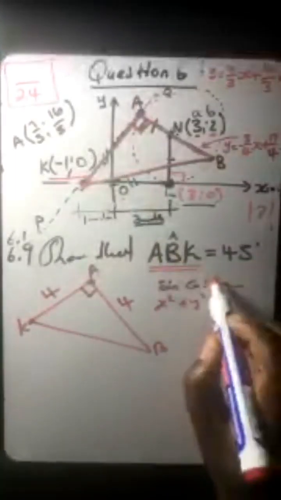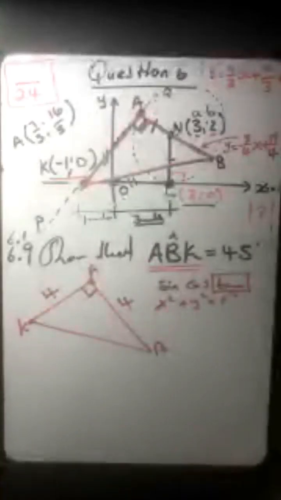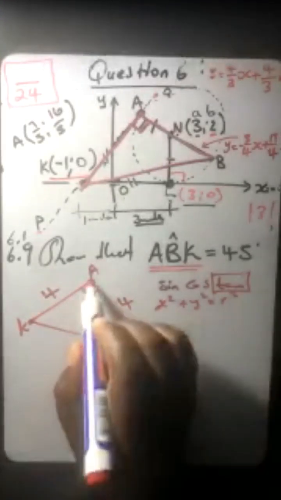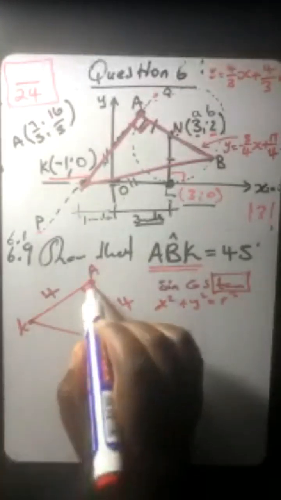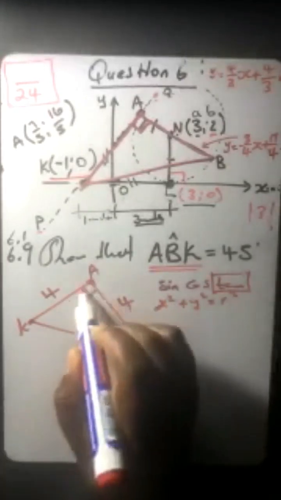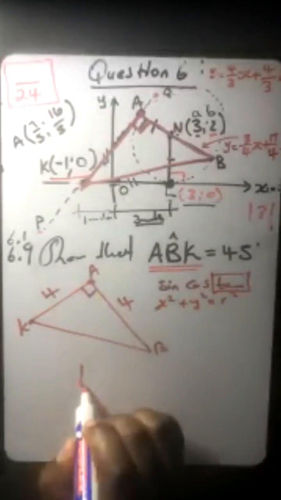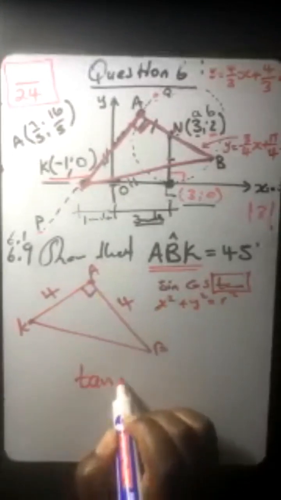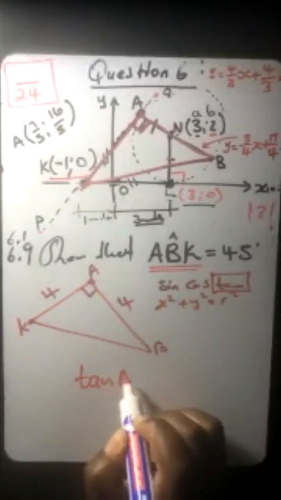So can you guys see? I have that side, and I also have that side, which is adjacent and opposite, because this is the angle that I'm trying to calculate. So that is why I'm going to use tan of angle A.